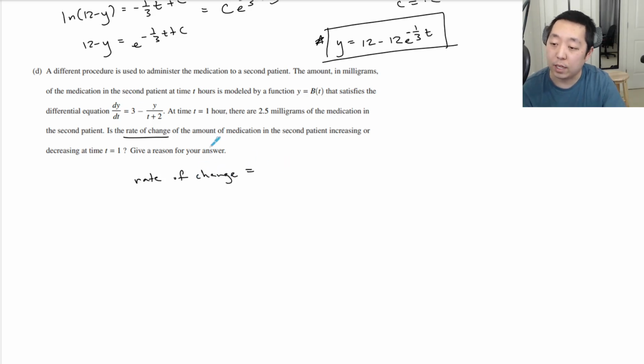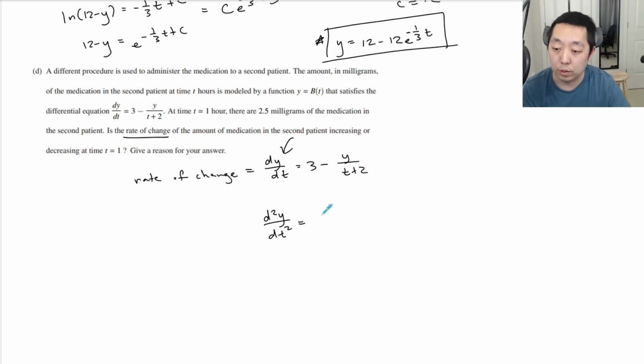The rate of change is given by dy/dt equals (3 minus y) over (t plus 2). I want to know if this is increasing or decreasing, so I take the derivative to see if it's positive or negative. The second derivative: the derivative of 3 is 0, and for the other part I have to do the quotient rule.